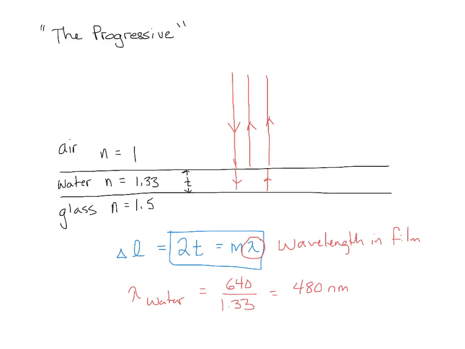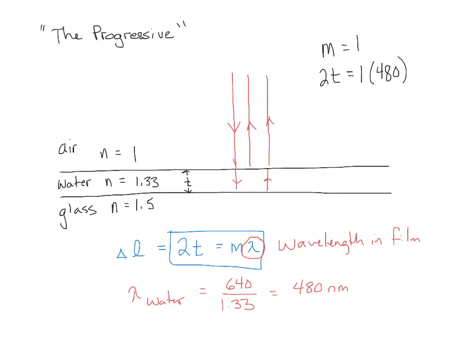So let's look at some situations for constructive and destructive interference. So let's say we wanted to know, what does the thickness of the film of water have to be in order to have m equals 1 for that first order constructive interference. Then we set 2 times the thickness of the film equal to 1 times the wavelength in the film.